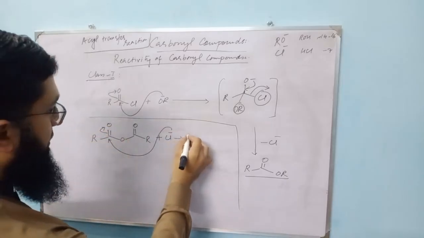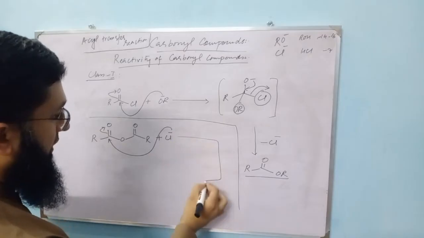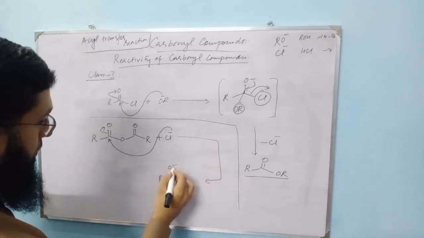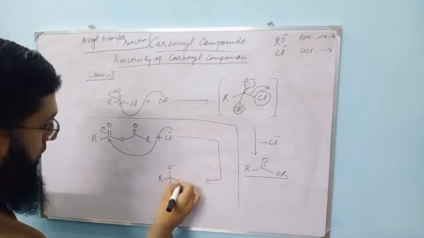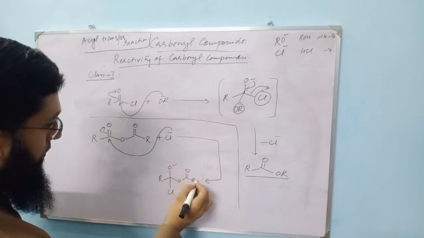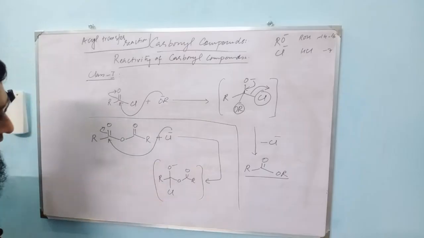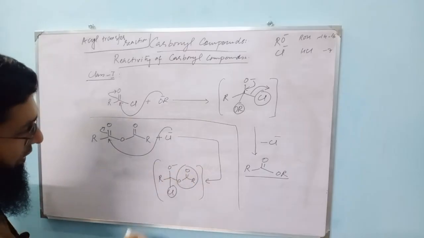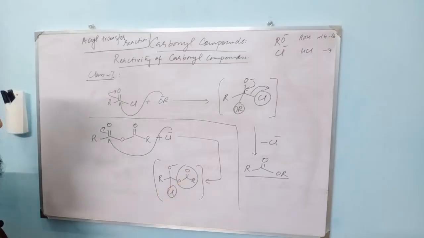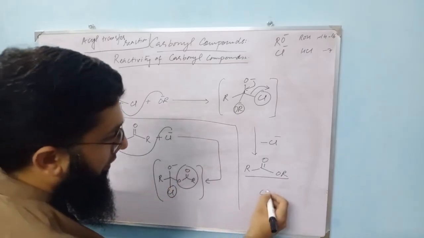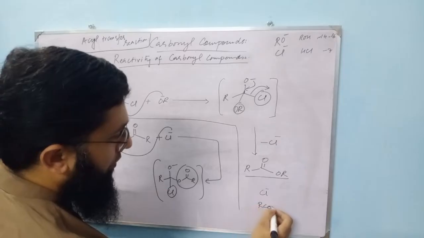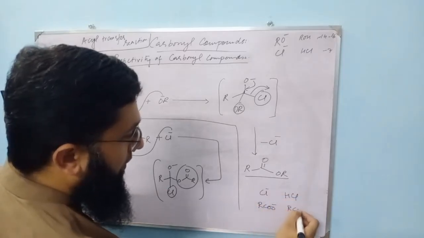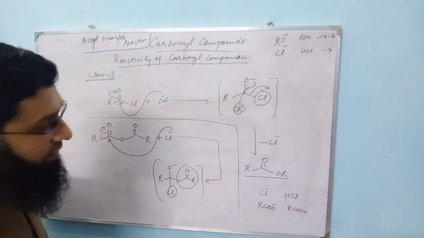As a result, we will get the intermediate, and we will get this. Now we have two bases, potential leaving groups, chloride and carboxylate, and for this we have HCl, and for this we have carboxylic acid as conjugate acid.